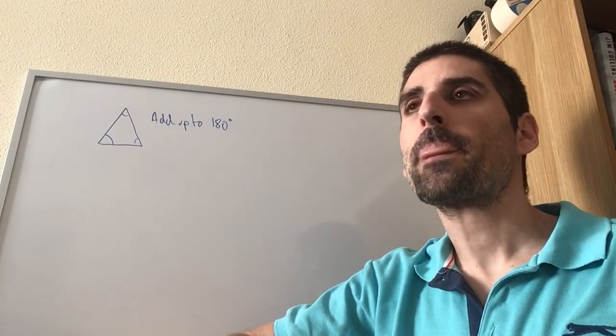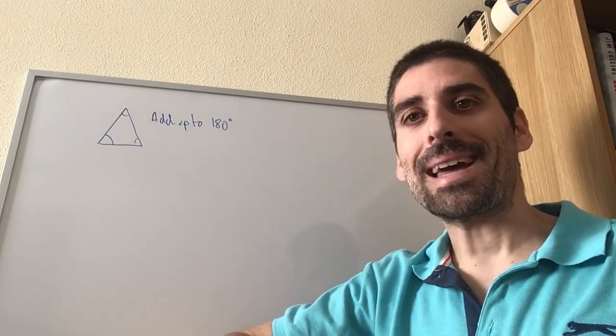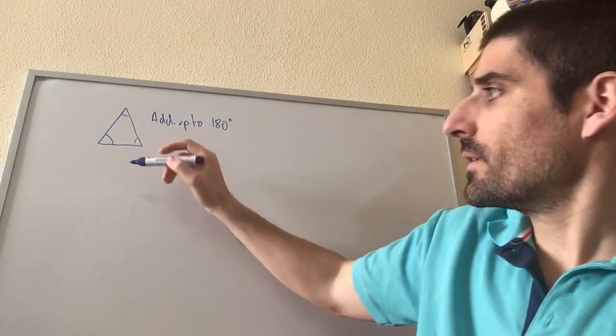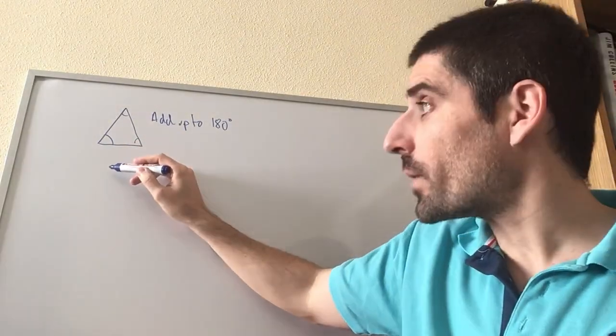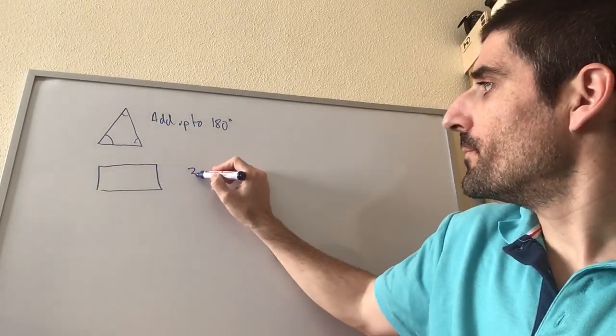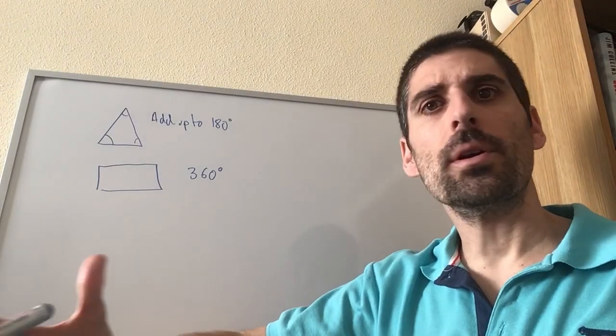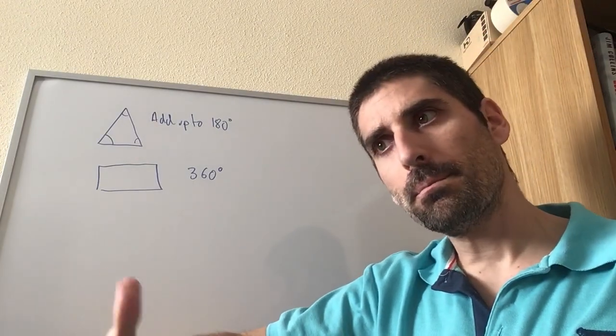We know that. And we know as well, or we should know, that angles in a quadrilateral, so any quadrilateral, doesn't have to be a square, they add up to 360 degrees. We know that. But why is that?